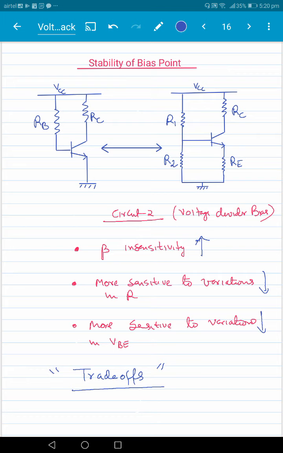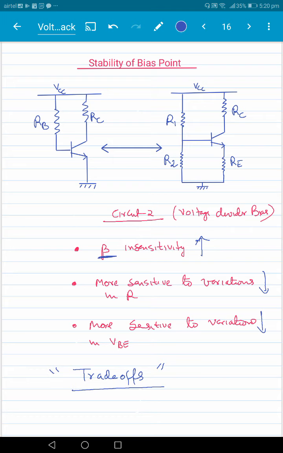In fact, in the next lecture, we will see that yes, you gain beta insensitivity, but you end up losing a lot more. Besides these things that we discussed today, you end up losing, for example, the voltage gain. You end up making, for example, the input resistance beta sensitive.